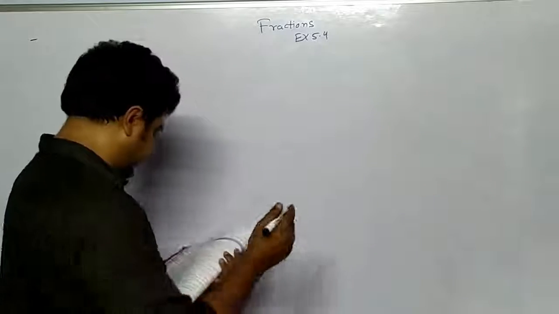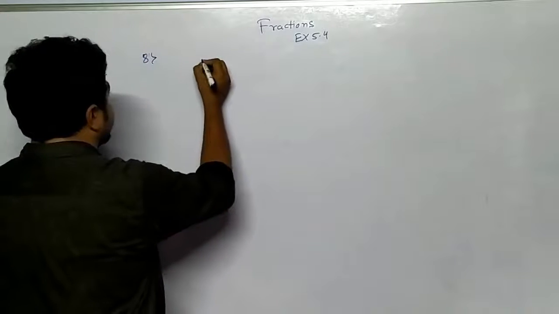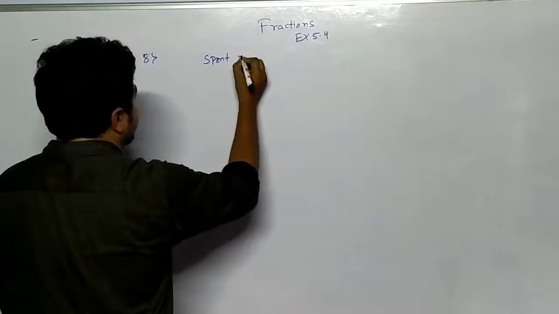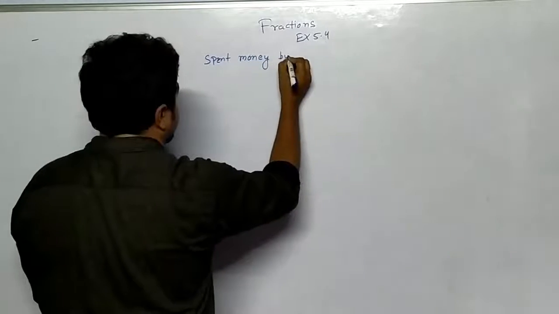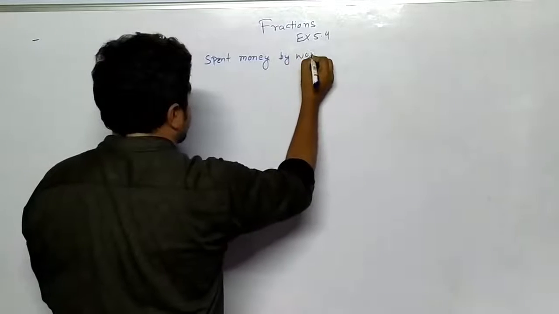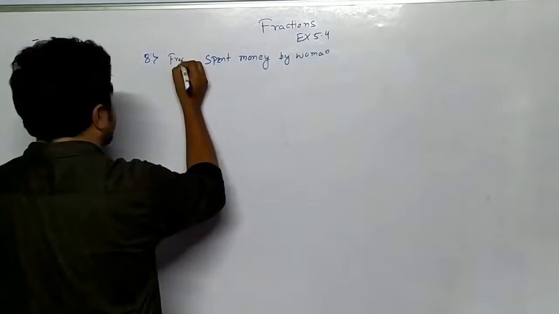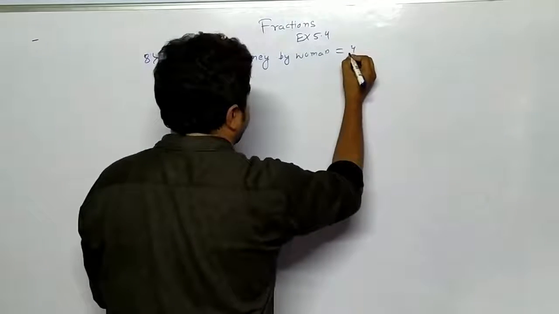So how to proceed? This is question 8, and this is the money spent by the woman. I am writing the fraction. What is the fraction? 4 by 5.